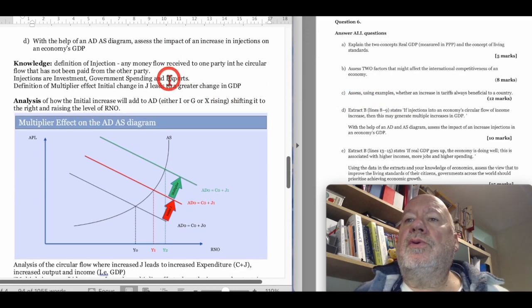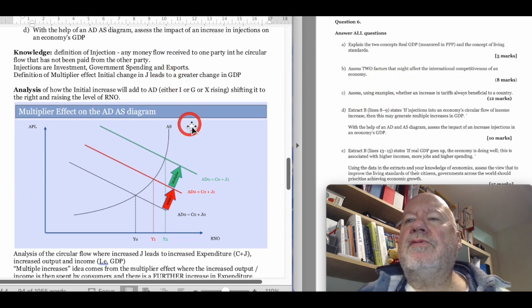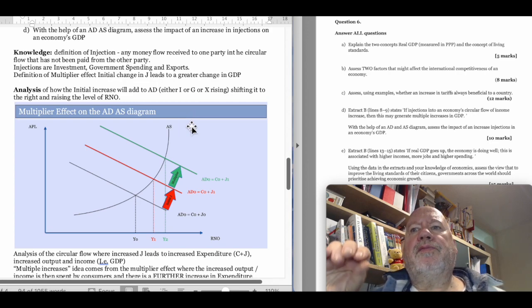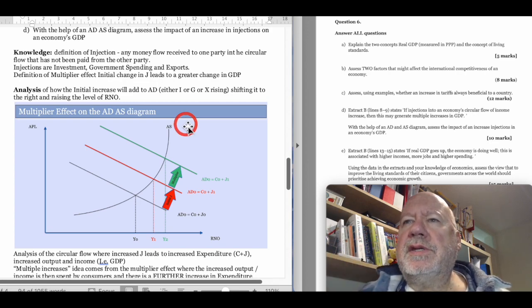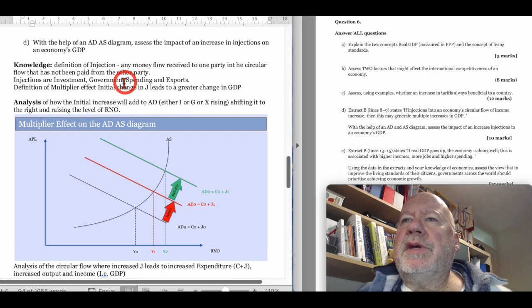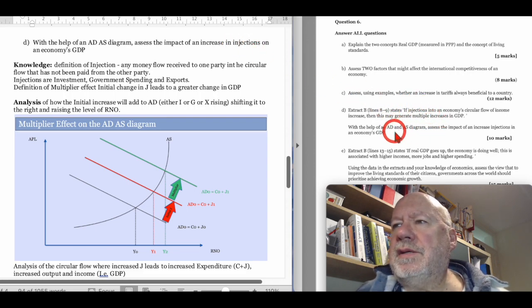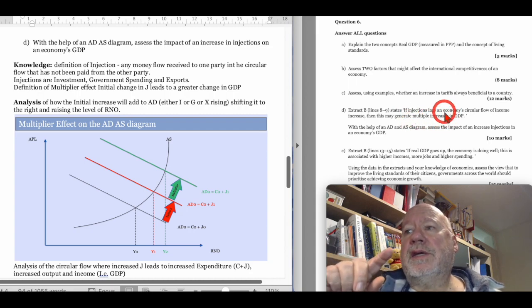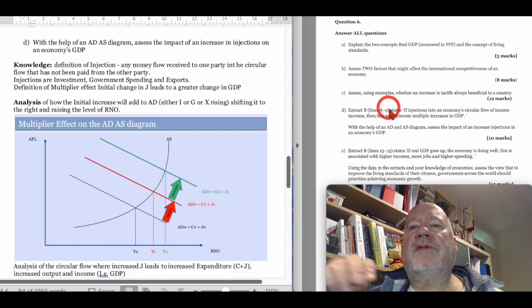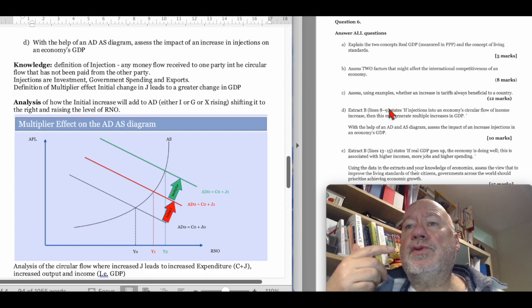This one caused disappointment, really, in the sense that I was expecting most of you to use this diagram, because it did say, with the help of AD/AS, assess the impact of an increase in injections, and back here it says generate multiple increases in GDP, and back in the case study, when you read these lines, it refers to the marginal propensity to consume.